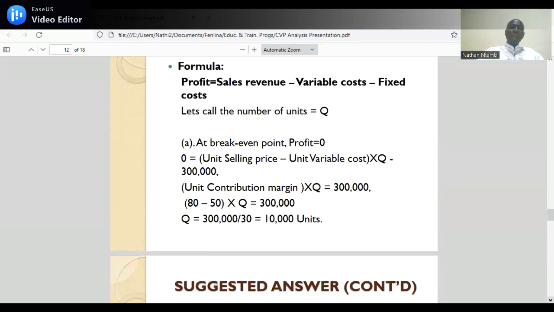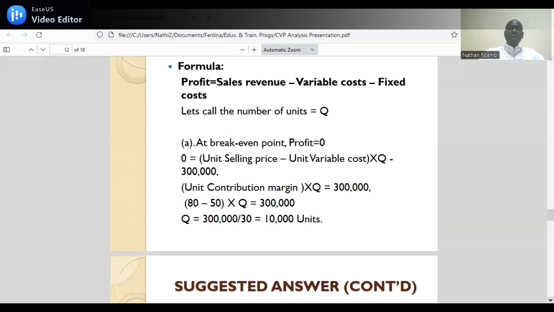We go back to the formula which says profit equals sales revenue minus variable costs minus fixed costs. Let's call the number of units Q. At break-even point, profit is 0. It therefore means if we input the information in our formula, we are going to say unit selling price minus unit variable costs, put in bracket, times the quantity minus 300,000 equals 0.